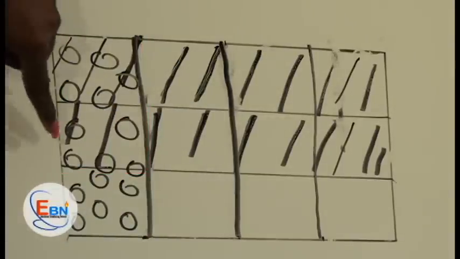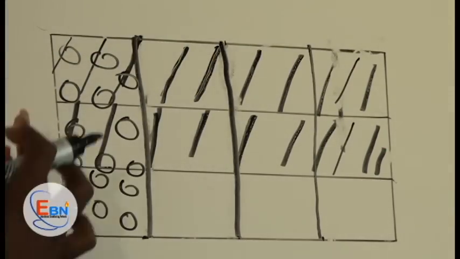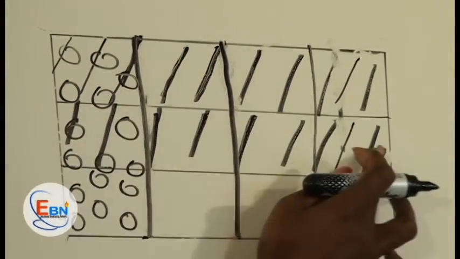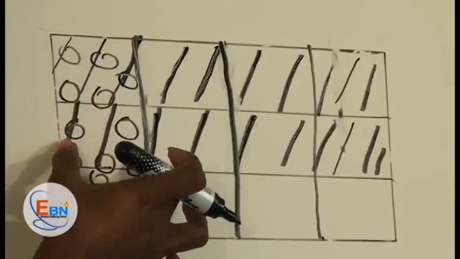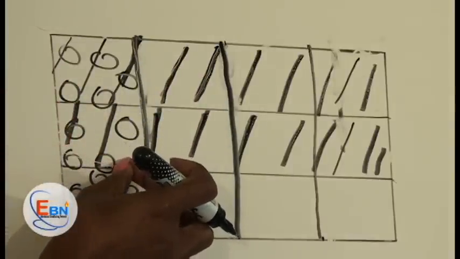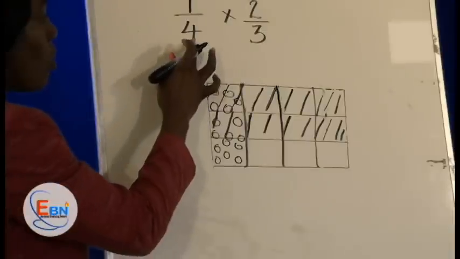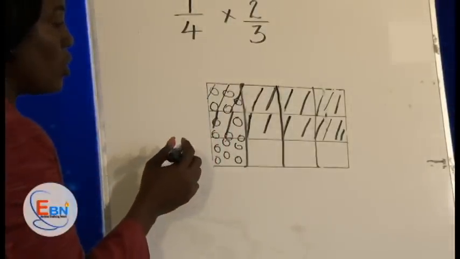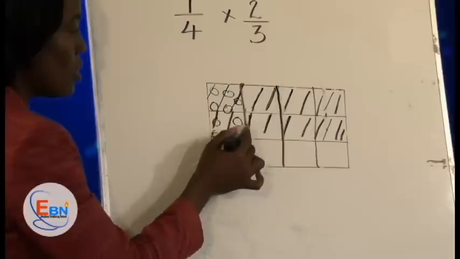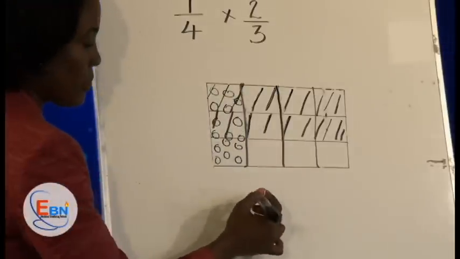So when we look at the 2/3 region, a quarter of it would be this section here, which means that a quarter of 2/3 is equal to 2/12.